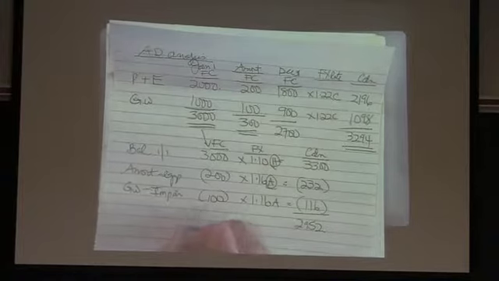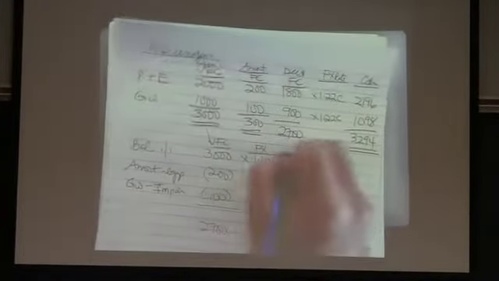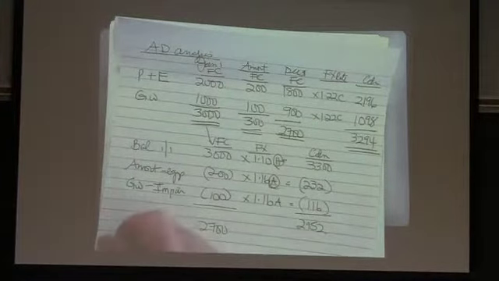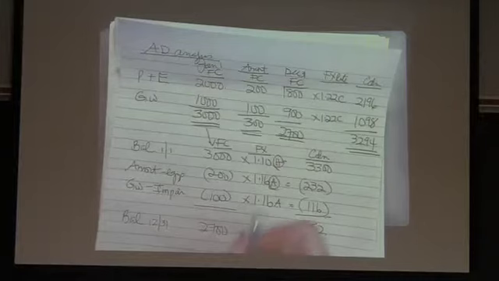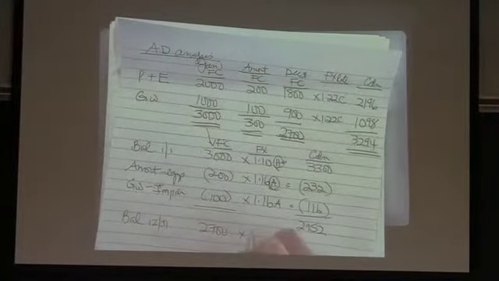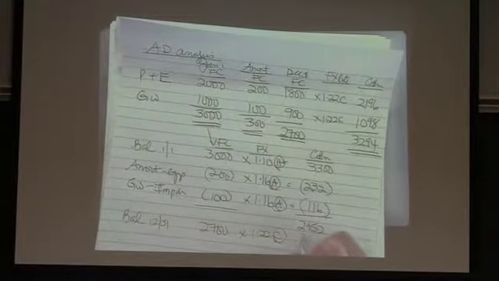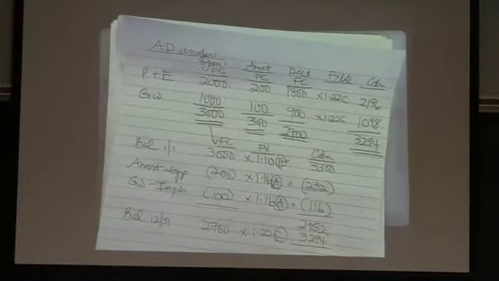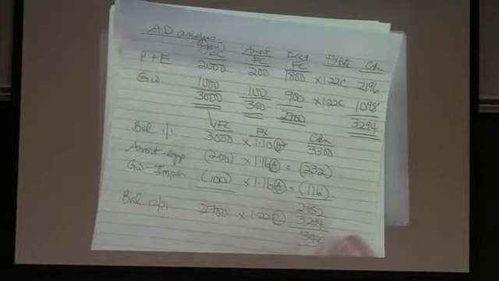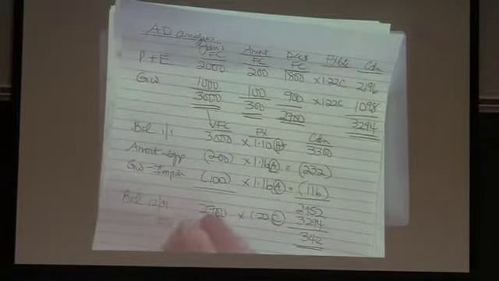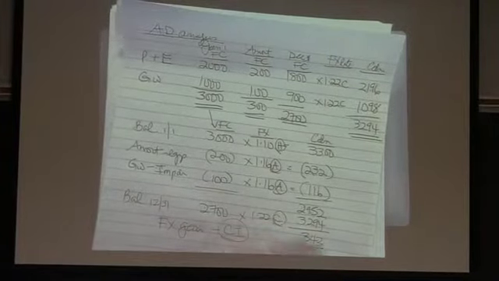But what do we have? We have an ending balance of 2,700, and that's going to be translated at the current rate. So we have an FX gain of 342. Again, going to comprehensive income.